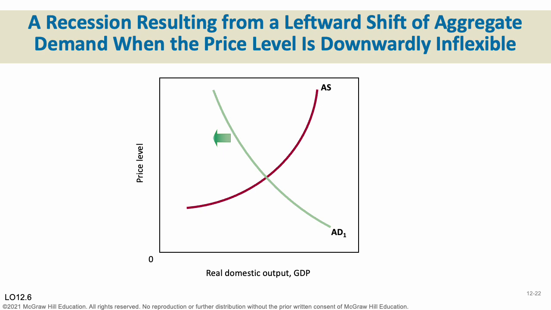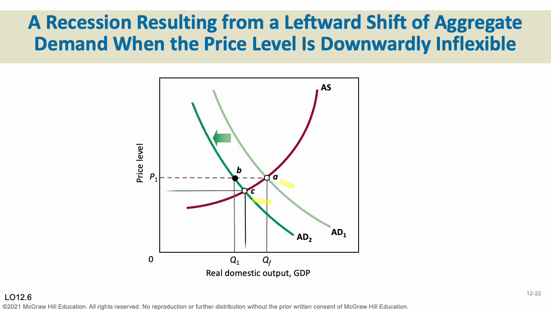So we should move from point A to point C at a lower equilibrium. But what actually happens here is the following. Demand is dropping from 1 to 2, but price cannot go down.